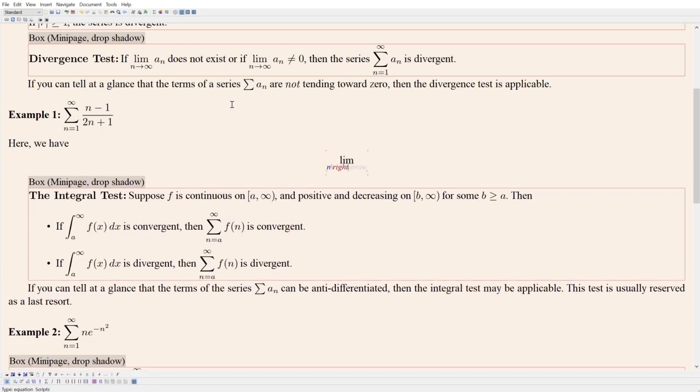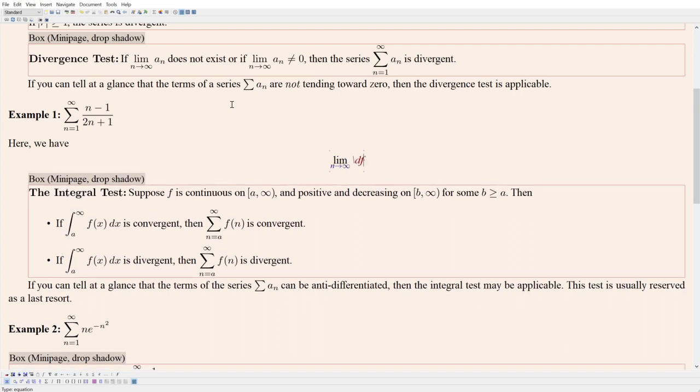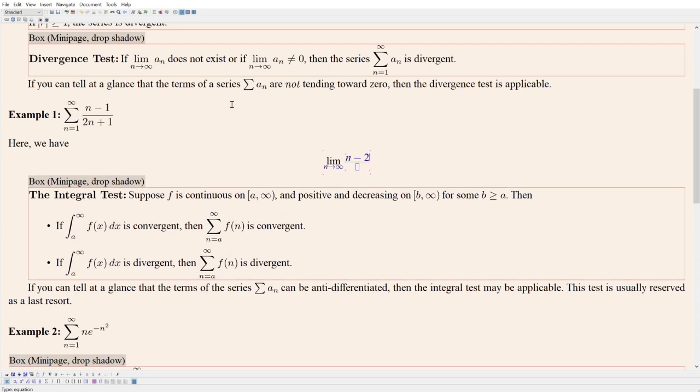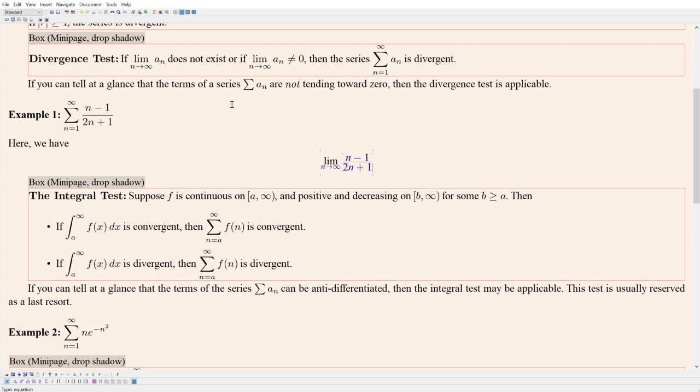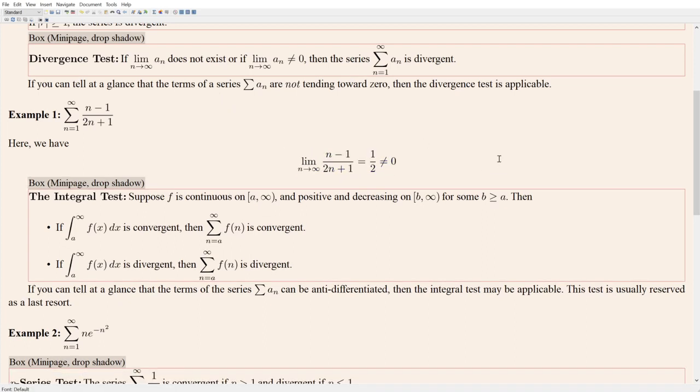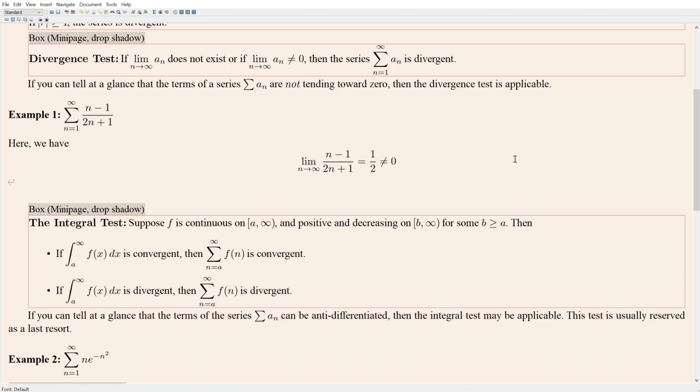And you should be able to tell that just by looking at it, and immediately conclude that this series diverges. So because this limit is not 0, this series diverges.